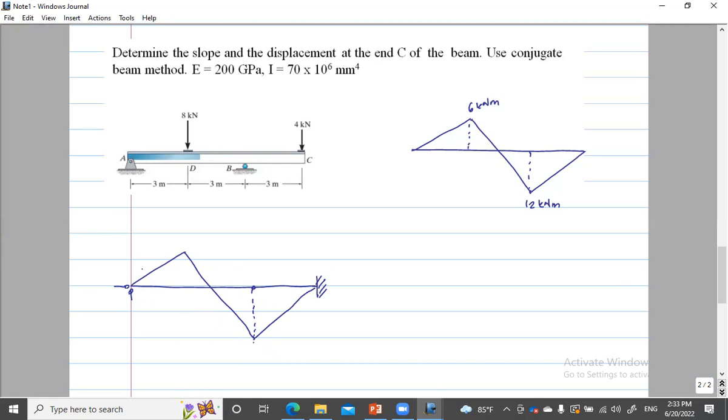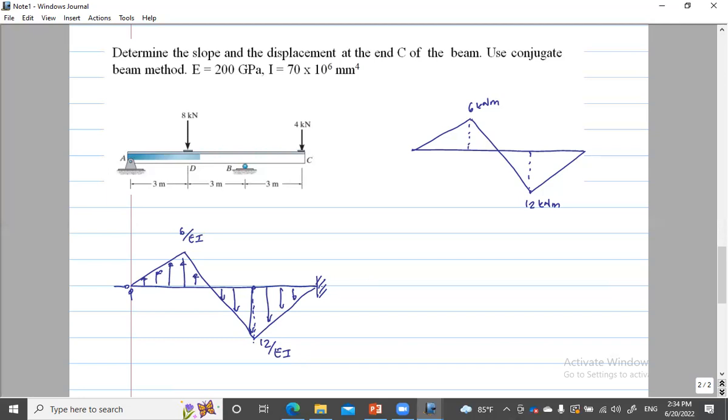So we know that when you have the MOIA on the upper side, the load acts like that. This is 6 over EI, 12 over EI. So this is the new conjugate beam constructed by us using the reciprocal of the support condition and the load.